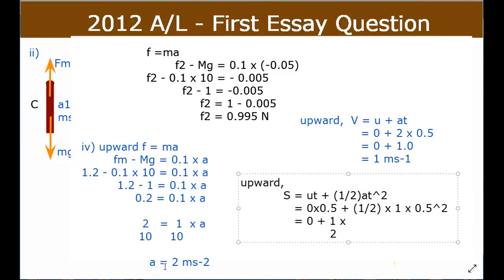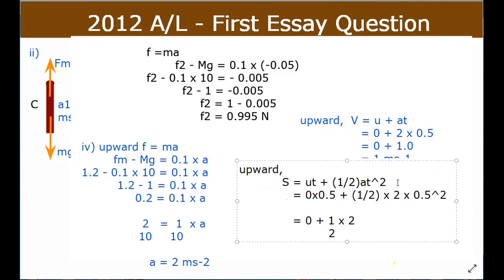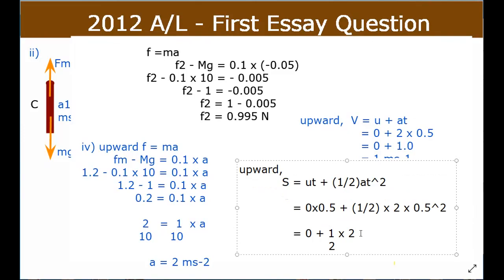I'm so sorry, acceleration is 2. Yes, why not? Acceleration is 2. Then what will happen here? Into what is 0.5 square here? 0.5 square is 0.25. Now this 2 and this 2 cancel out.